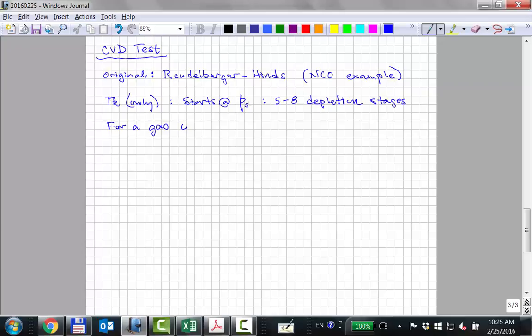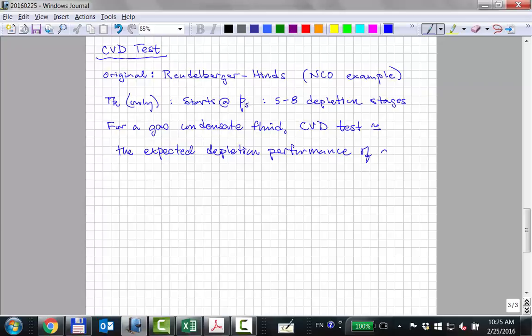For a gas condensate fluid, the CVD test itself is very similar, if not almost equal to, the expected depletion performance of really any reservoir rock, it doesn't matter what kind, any reservoir containing the gas condensate mixture that we're studying in the CVD test.